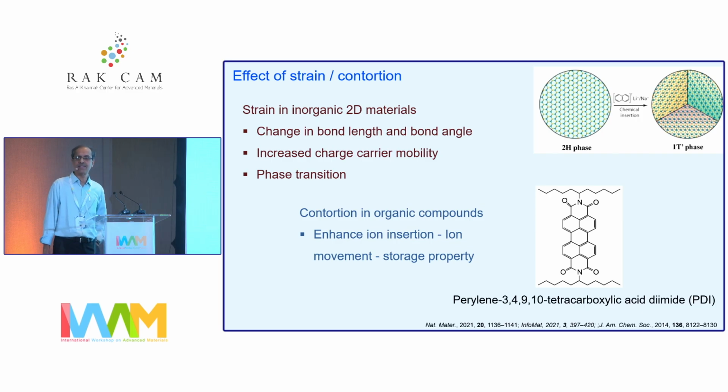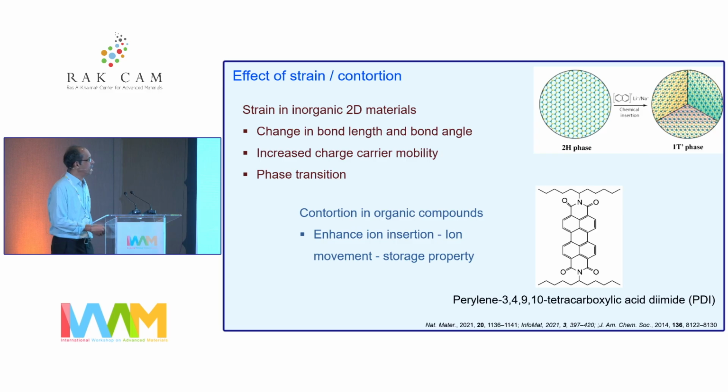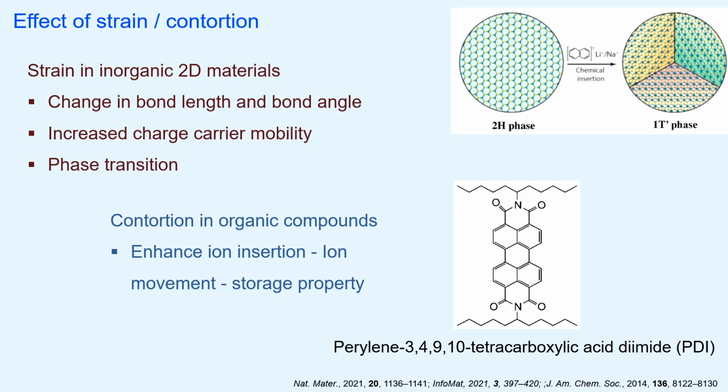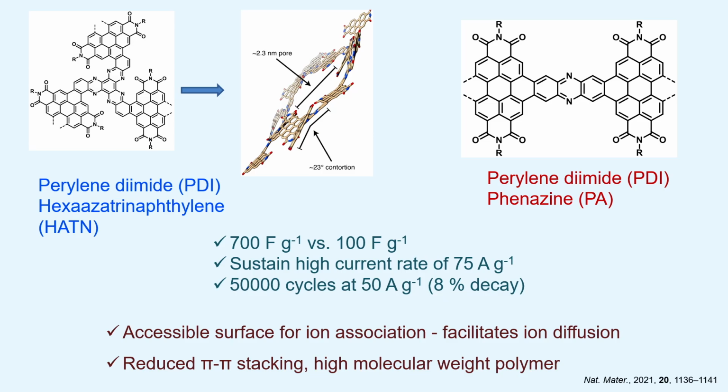Now, why is that happening? I just mentioned strain at the beginning, and I'm just going to say that strain is important in organic systems as well. And if you have contortion, if you have strain in the system, there is a possibility of ions moving in and out fairly easily. At this stage, it's a hand-waving argument, and we still have to look at whether that is indeed the case. This is one example wherein strain gives certain properties which are very different from when I have just the planar surface.